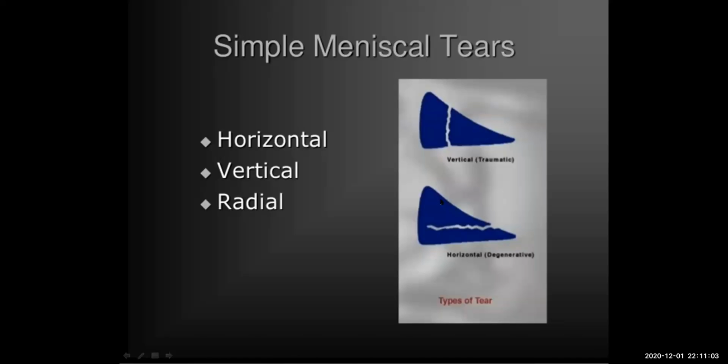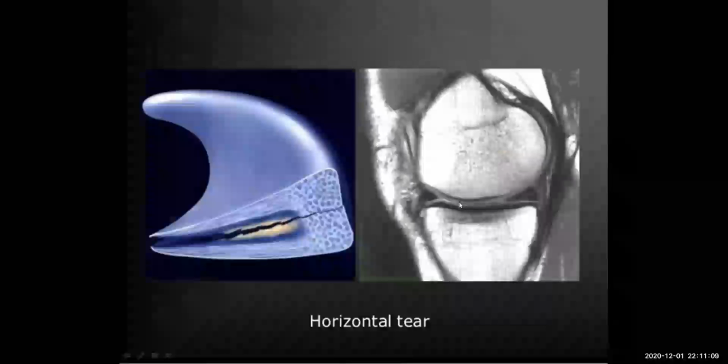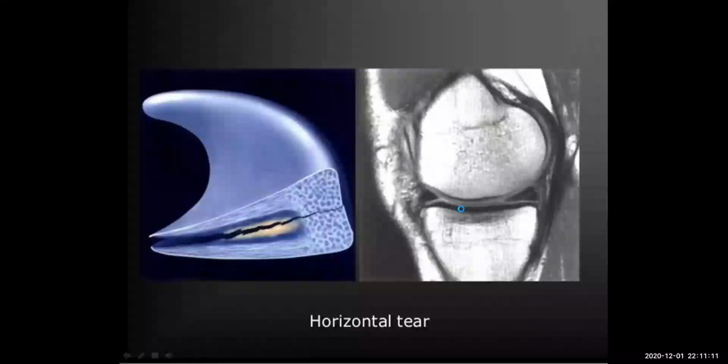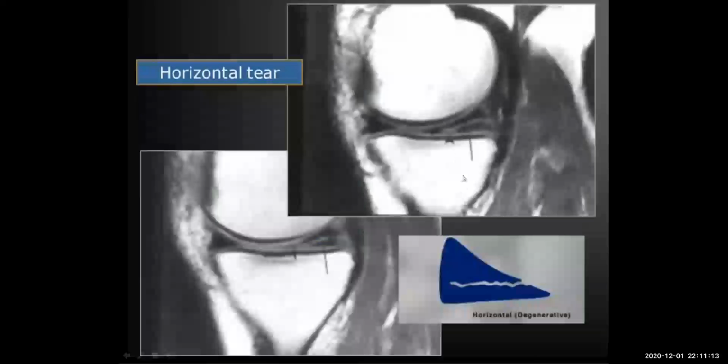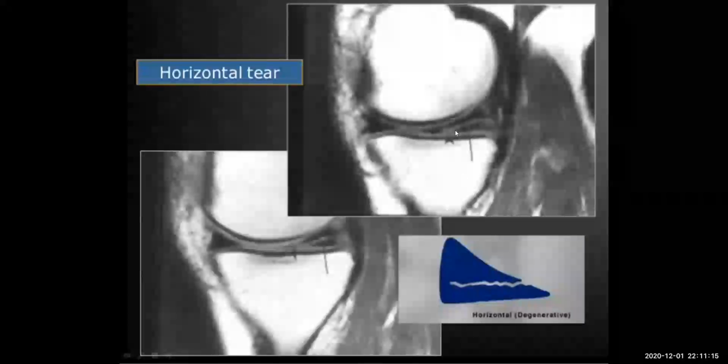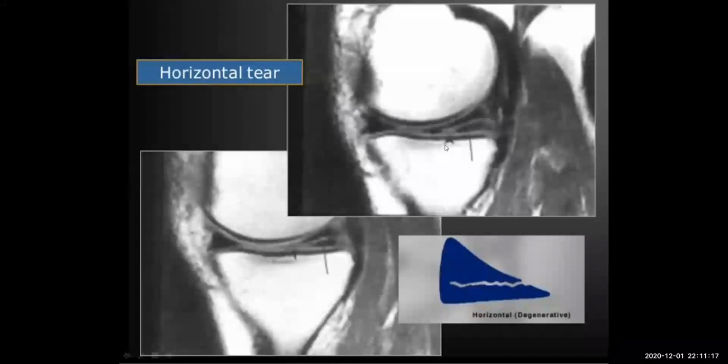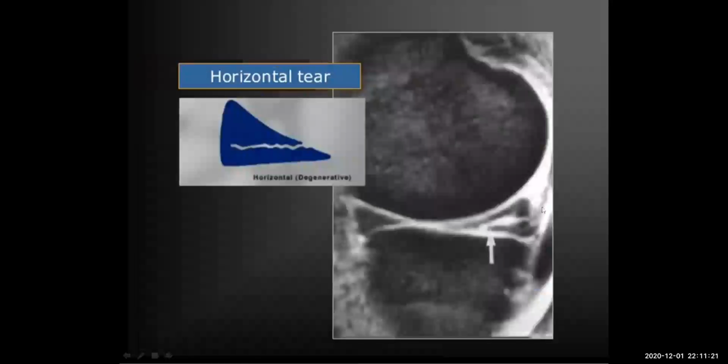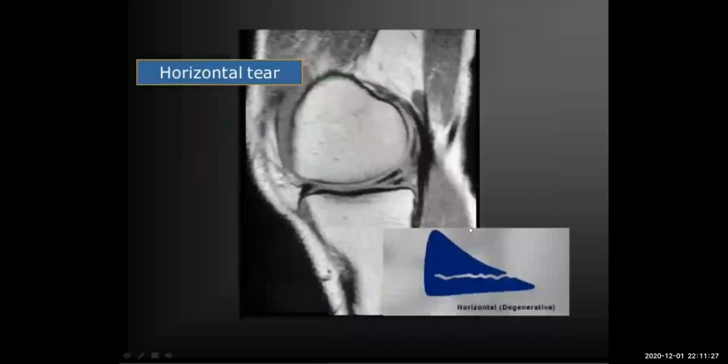So what is the radial tear? The flap has been just detached from. This is a horizontal tear. This is again a horizontal tear, going all the way from the peripheral to central. This is another example of a peripheral tear, horizontal tear going from peripheral to central.